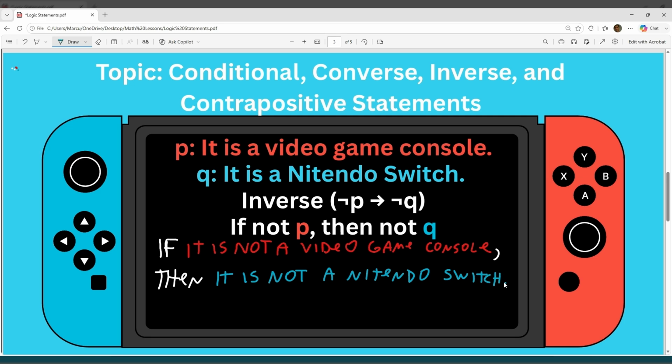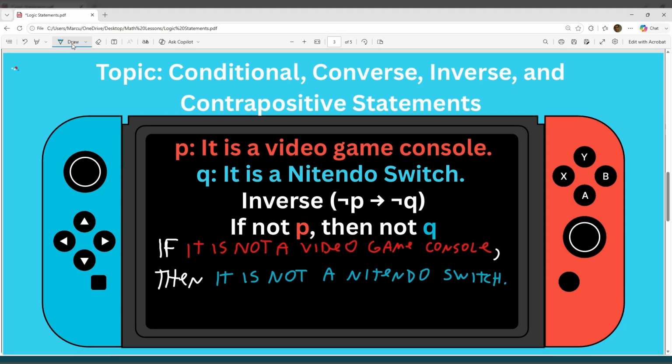So going back, inverse means if not B, then not Q. So we write, if it is not a video game console, then it is not a Nintendo Switch.